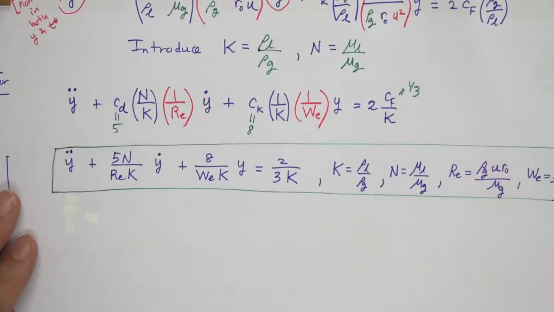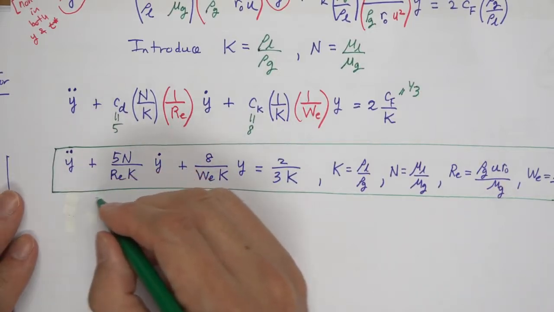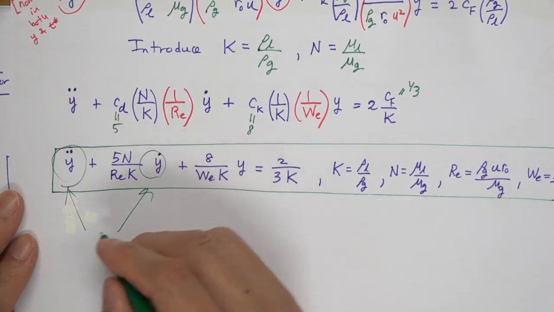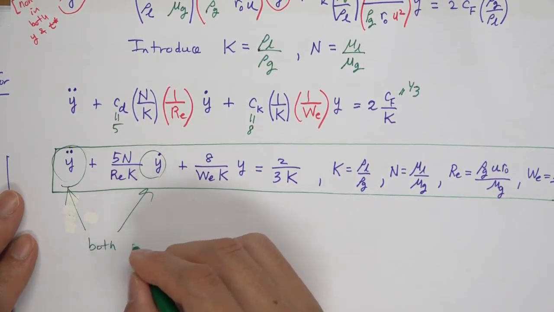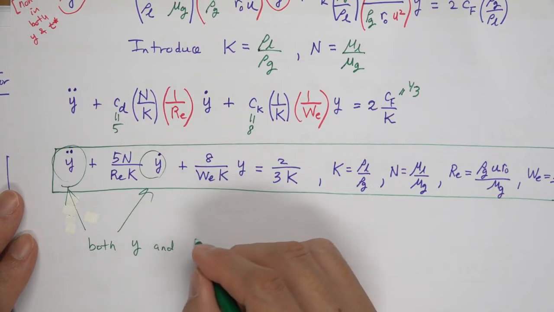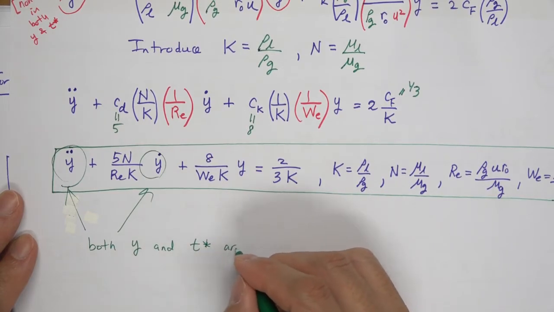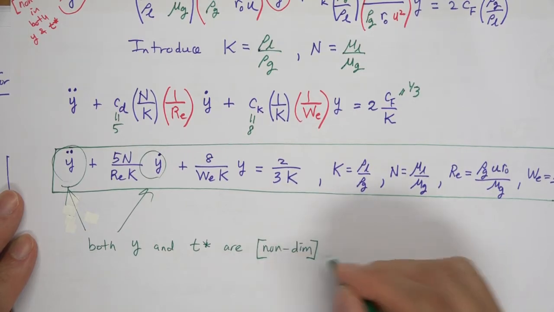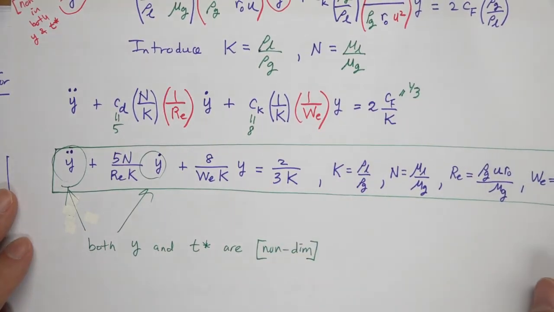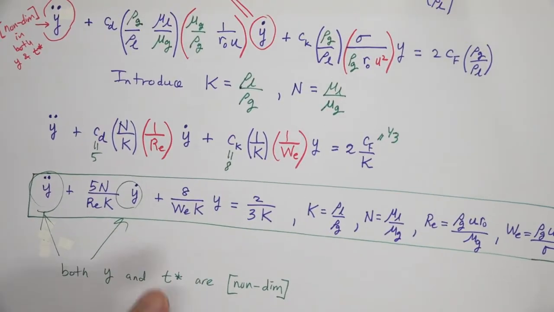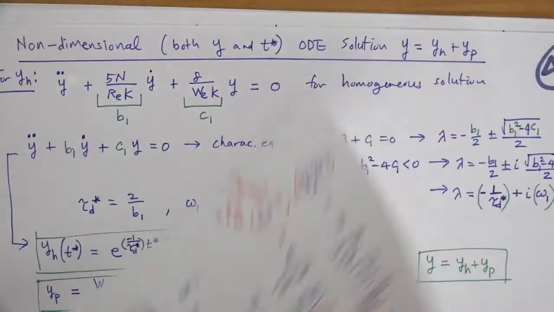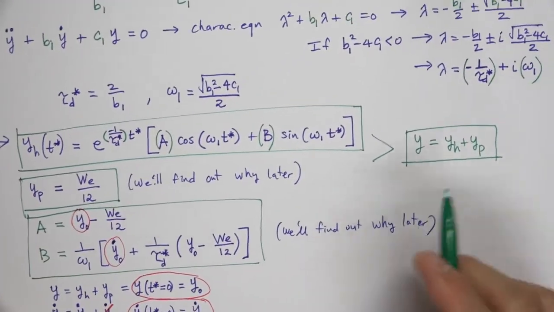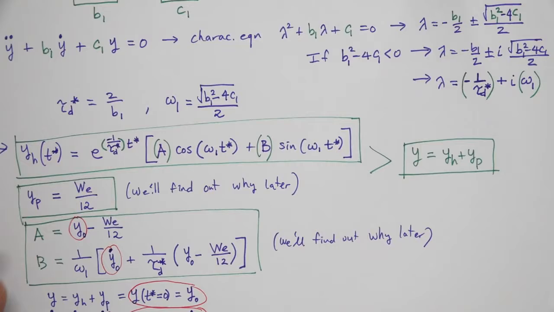So I'll make another note here from the previous notes, that for this one and that one, both y and t are non-dimensional. If you solve this ordinary differential equation, at the end you come up with this. That was your solution right there.